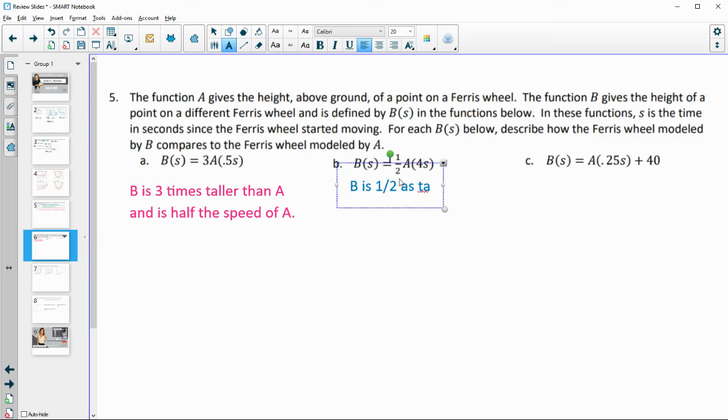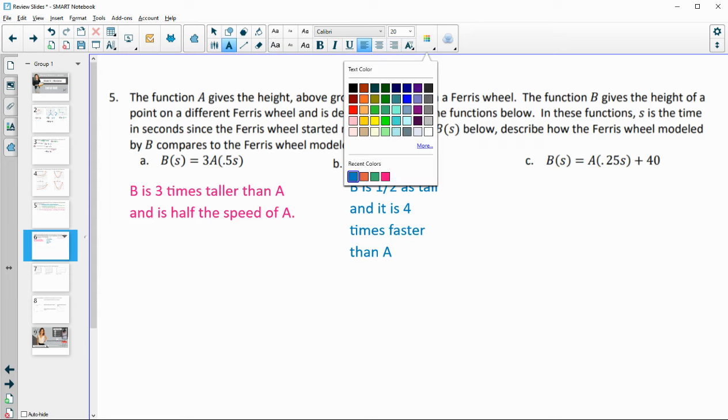And then the 4 on the inside talks about its speed, so it is 4 times faster than A. So it's half the height, because remember the outside impacts the height, and the inside talks about the speed, so it's 4 times faster.